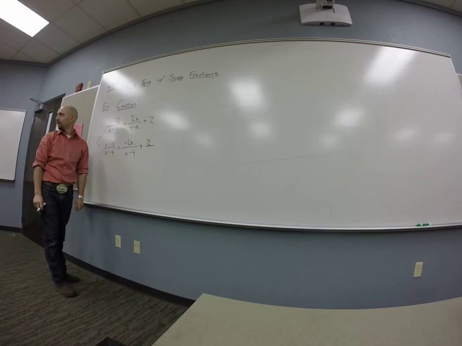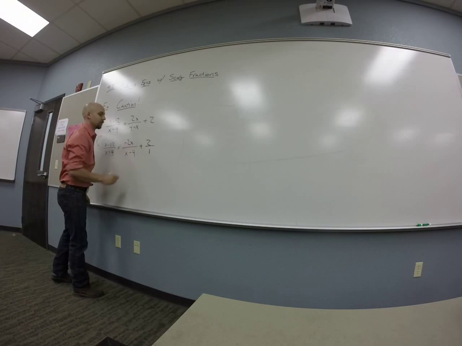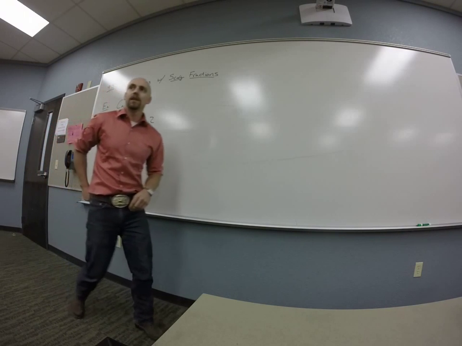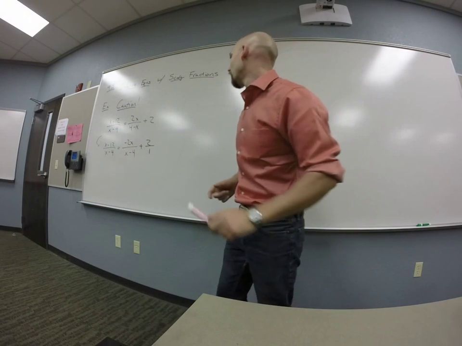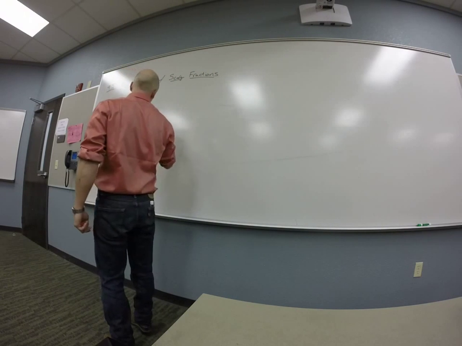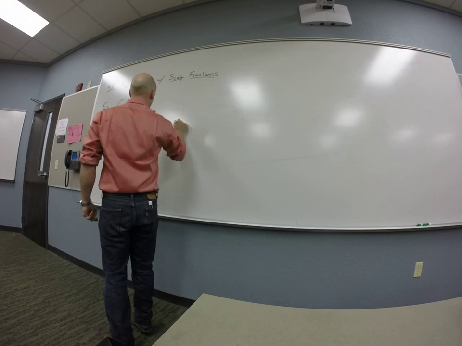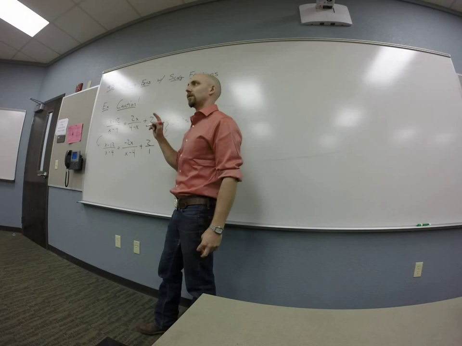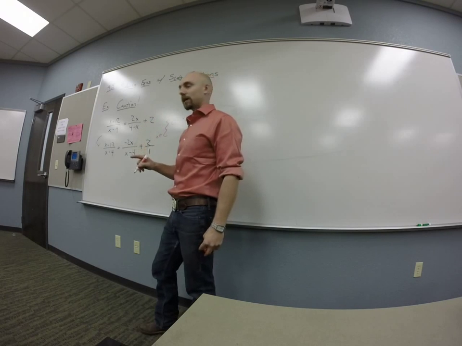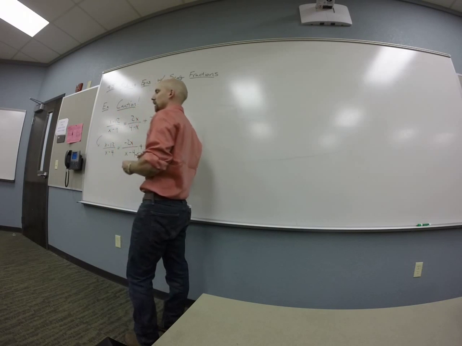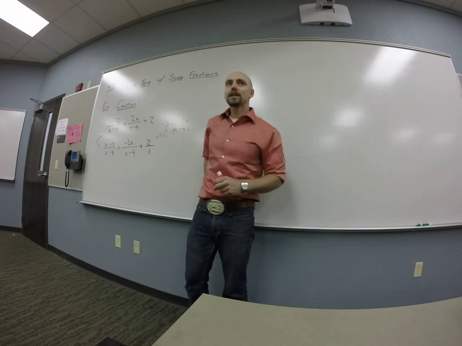What's the bottom? 1. You guys see this? Okay, so at this point, I want to think, what's the common bottom among all the fractions, both sides? So the common bottom is x minus 4. Okay, see that?